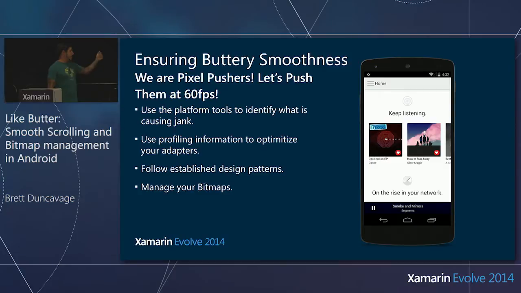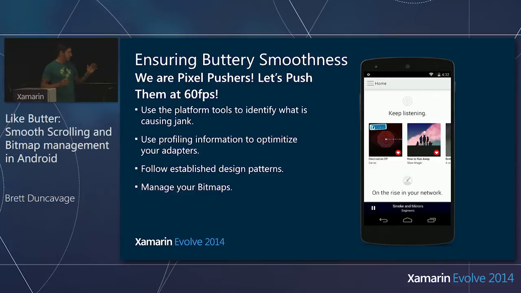One of them is using the platform profiler, the one that comes with the Android SDK. I'll show you a demo of that later, just a quick example of how to use it. And you should follow established design patterns. There's a few things you can do when you're designing or implementing your layout, or returning views from your adapter's GetView method.